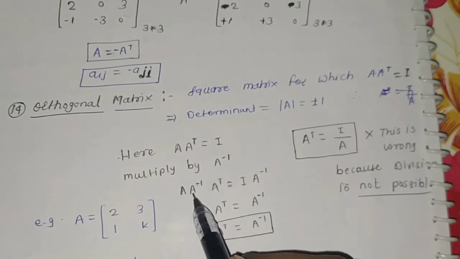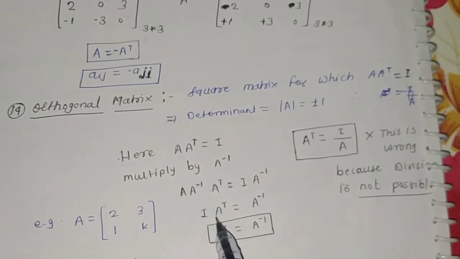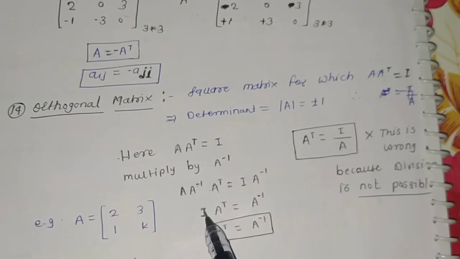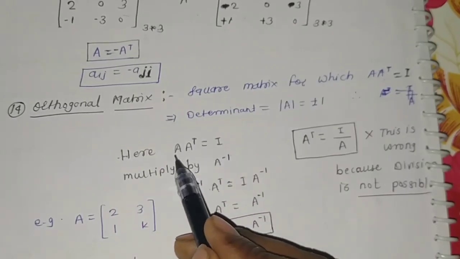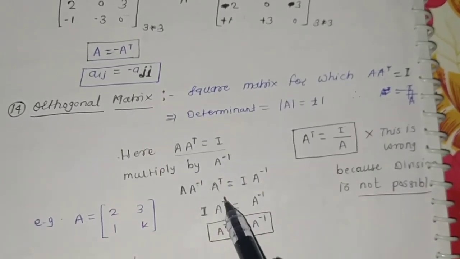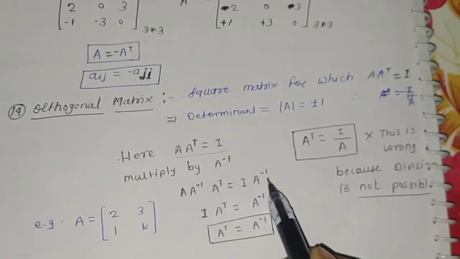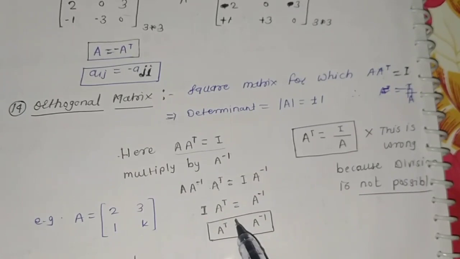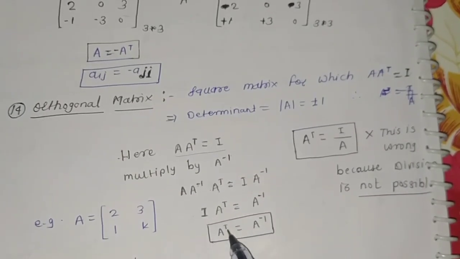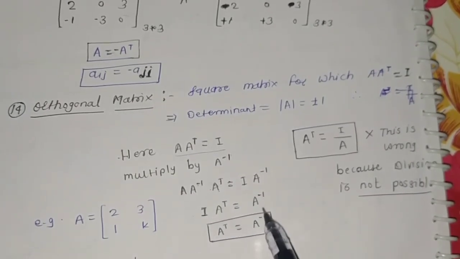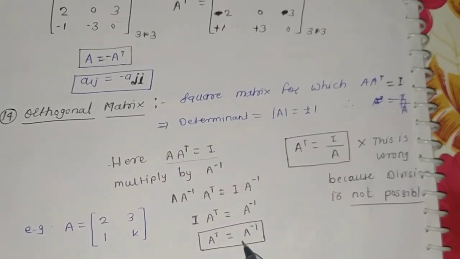So here A into A inverse is converted into I, so I into A transpose is equal to I into A inverse, that is A inverse. So I into A transpose, that is A transpose, is equal to A inverse. Okay, so like this it comes.